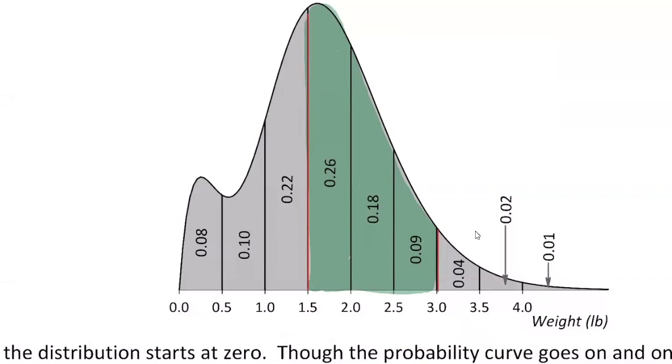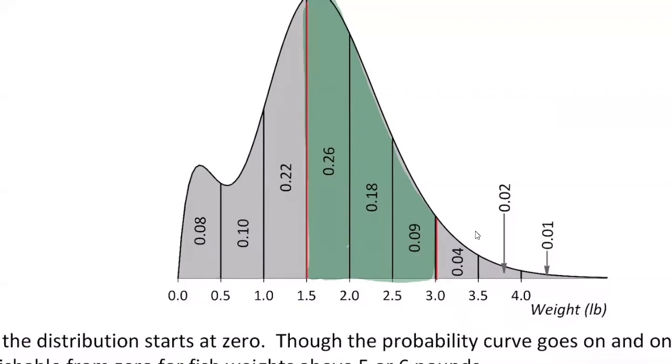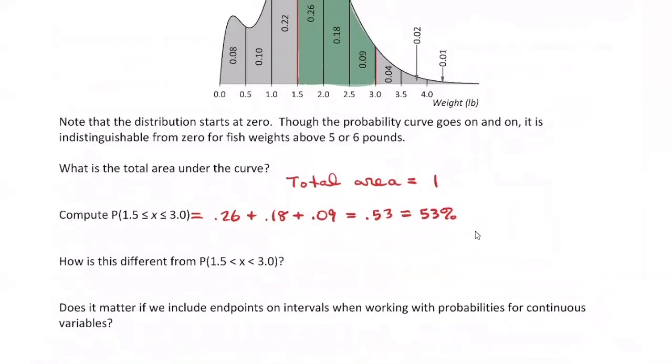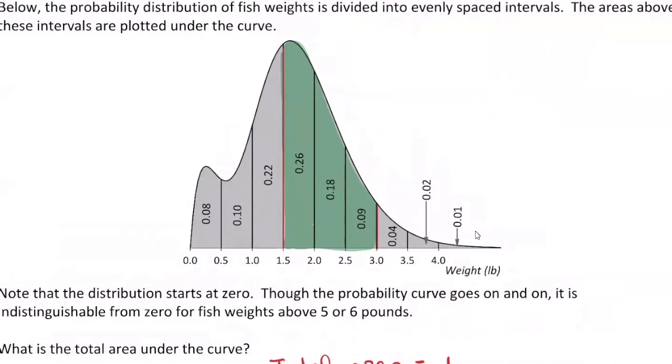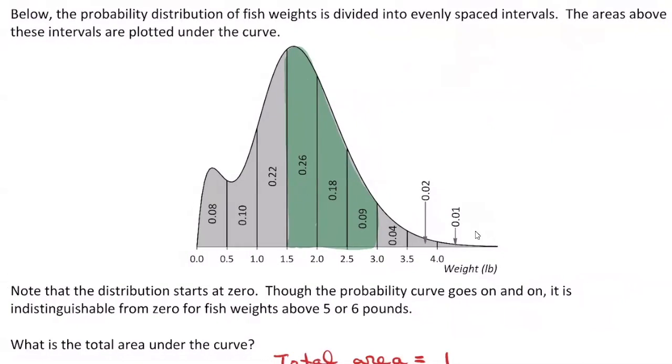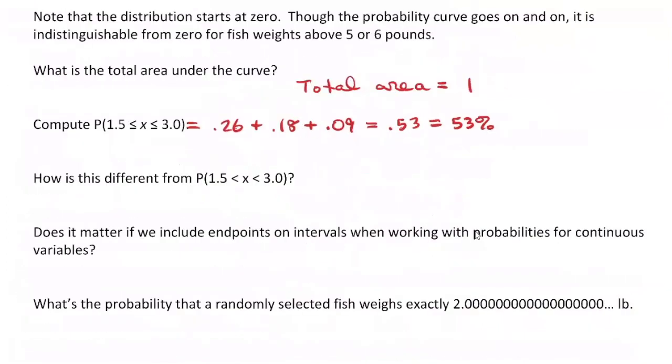Well, 1.5 is a measurement that has no thickness. That line has no thickness. Lines don't have area because they have no width. So if you include that line, the area is 0.53 as we computed. If I erase the lines, it's still the same area because those lines don't make it thicker. So the area is still 0.53.